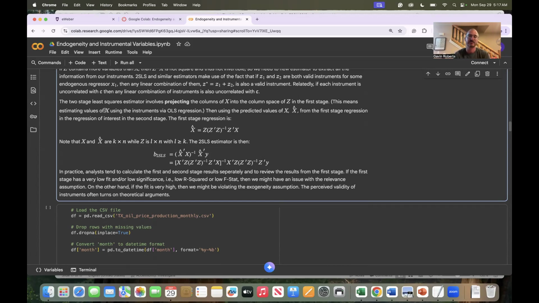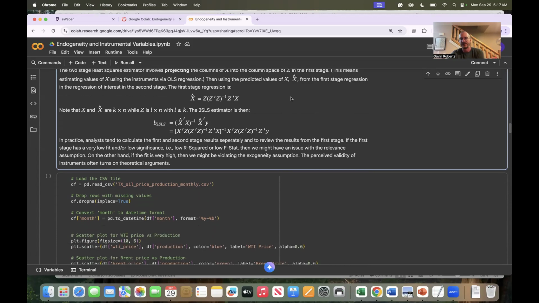We should get reasonable results if the relevance assumption that they're correlated holds. And then we use those predicted values, X hat, from that first stage regression in the regression of interest in the second stage.